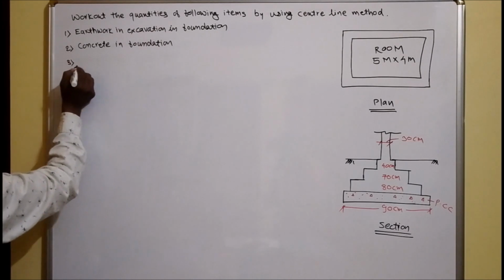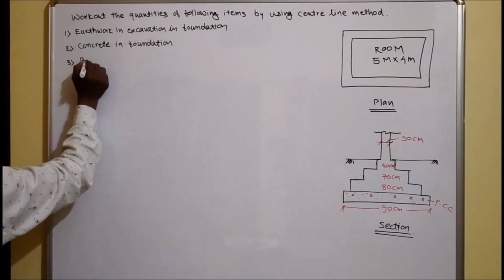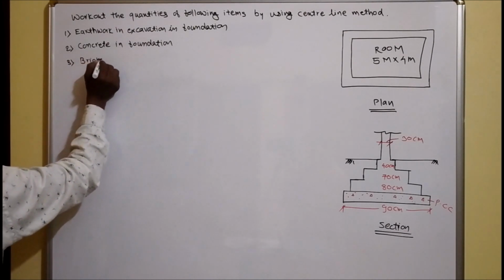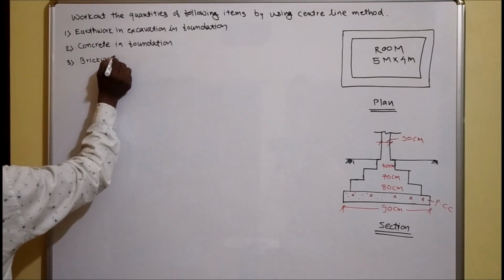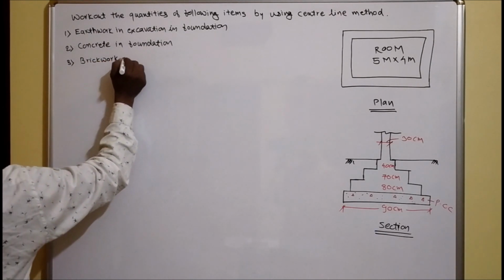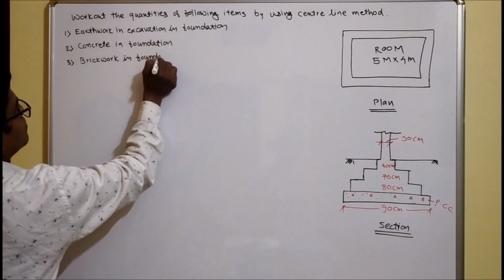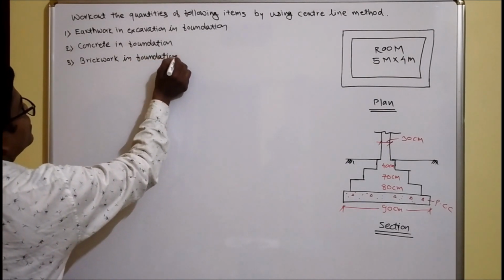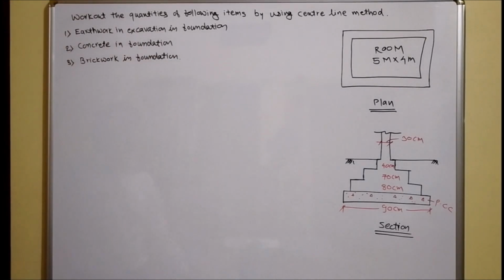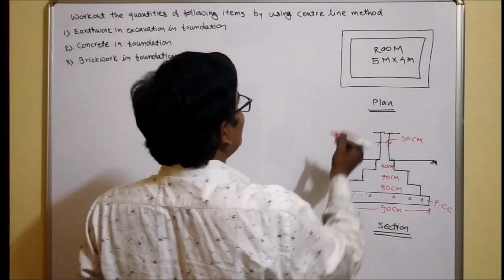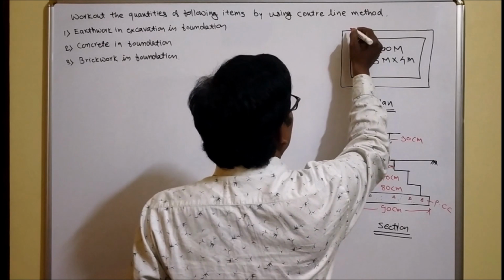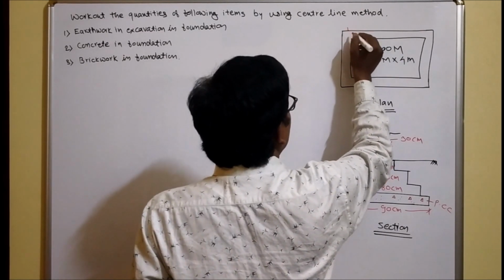And third one, brickwork in foundation. Count the quantities of following items by using the center line method. In center line method, first of all, we have to calculate the center to center distance.